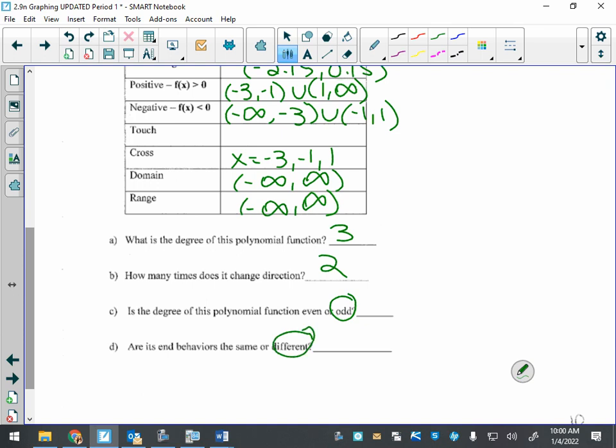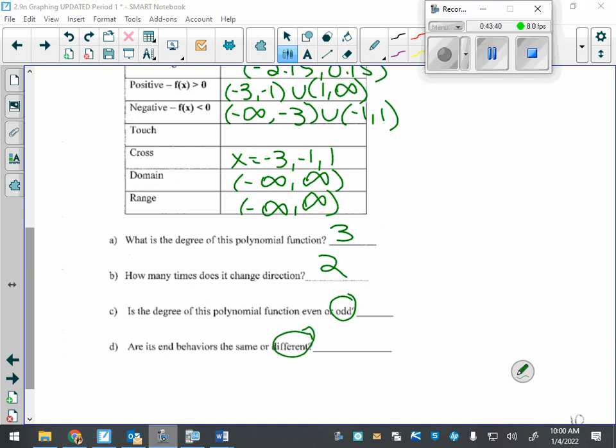Different. Okay. So we just went through 2 examples of fully finding our max and mins, then increasing, decreasing, positive, negative, touch, cross, domain, and range.